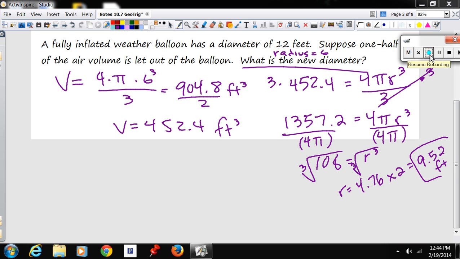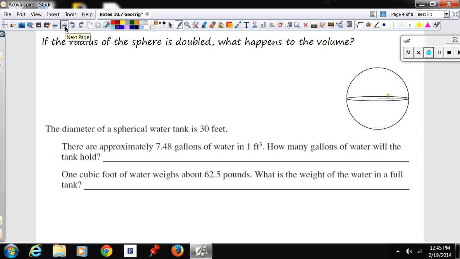Okay, moving on. Like I said, you can get these later if you need to. Okay, radius of the sphere is doubled. If the radius is doubled, what happens to the volume? Easiest numbers to use would be a radius of 1 and a radius of 2. So let's find out the two volumes if I have a radius of 1 and a radius of 2. Volume would be pi times 1 squared.